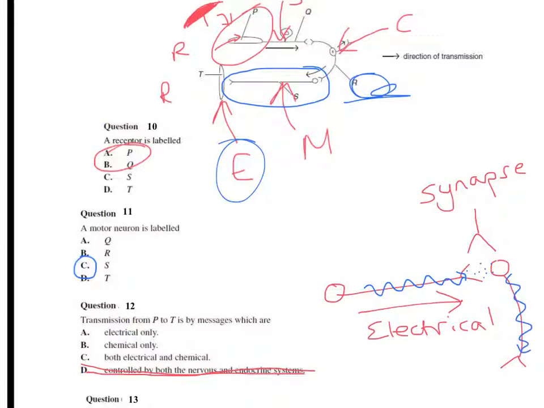Okay, so because that is happening, that diffusion here is chemical in nature. So because we're going through the whole of the reflex arc, not just one neuron, it has to be both electrical and chemical.